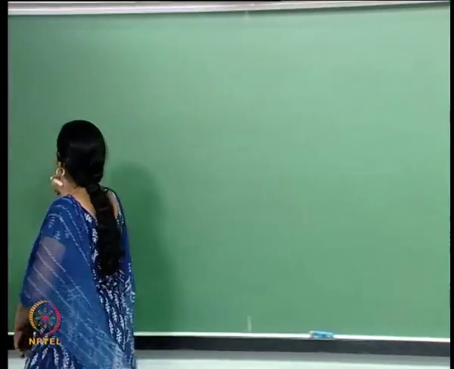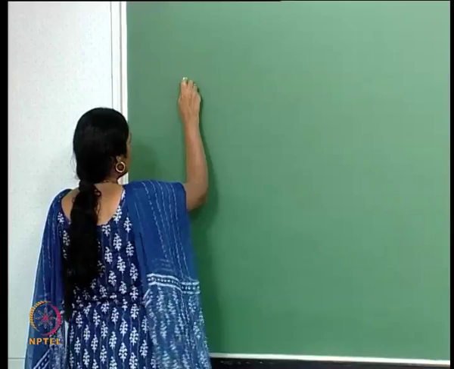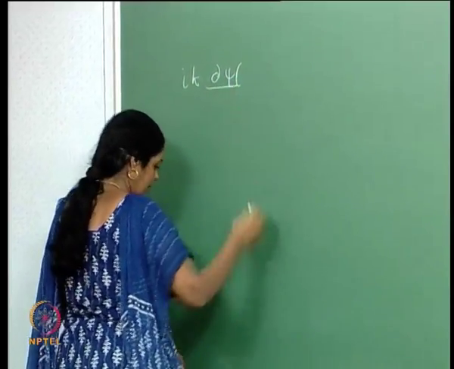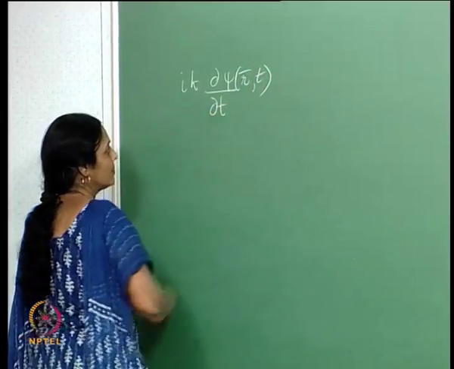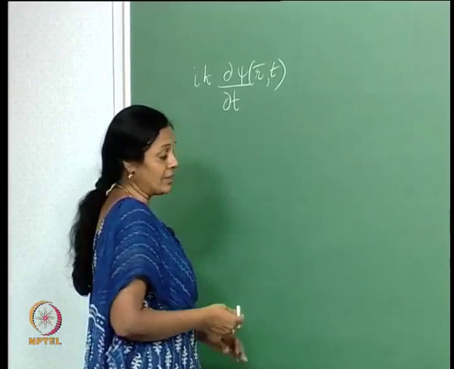Now, suppose I have to generalize this equation, the Schrodinger equation, to 3 dimensions. I will now have psi as a function of r, where r has 3 components x, y and z in Cartesians.